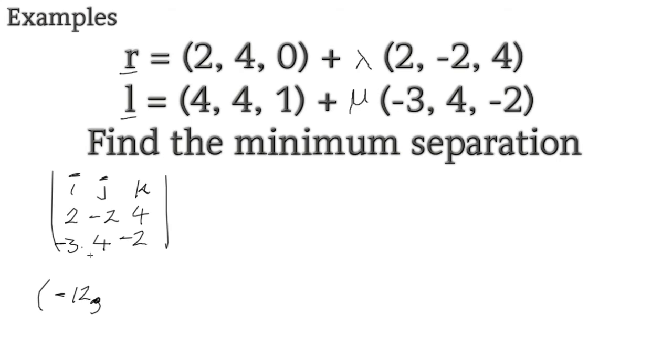Then we have J, which should give me a negative of -4. This is take 12. And for K it would be 8 take 6.